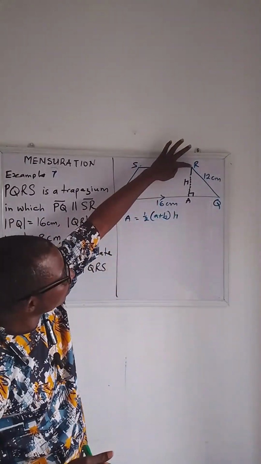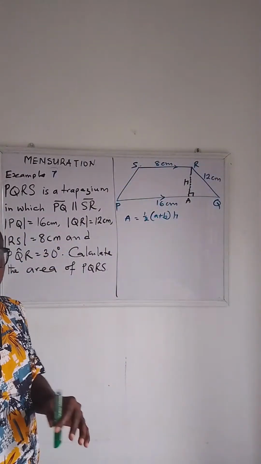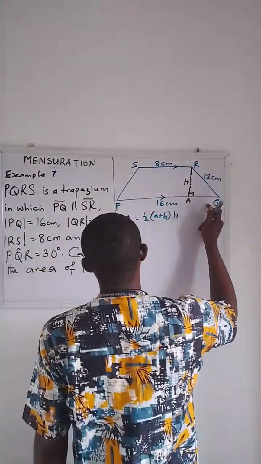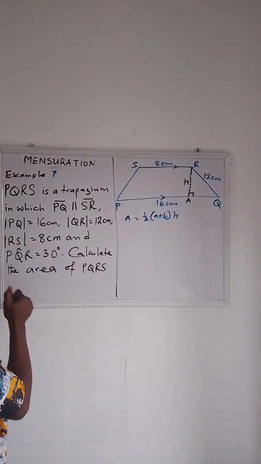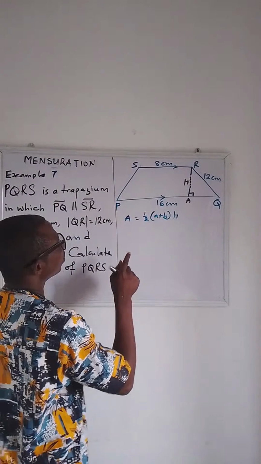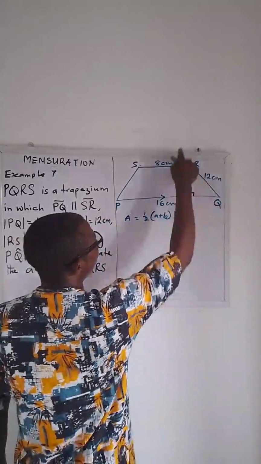Now, if I consider this triangle, this is a right angle triangle. So I'll be making use of my trigonometrical ratio. Now, in the question, I've been told that angle PQR is 30 degrees.